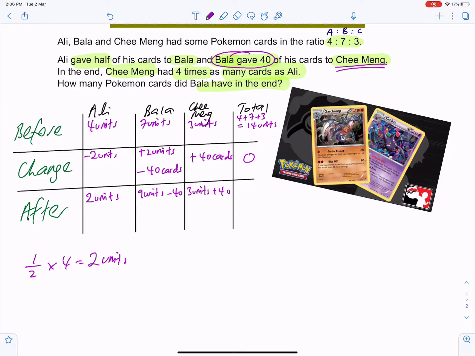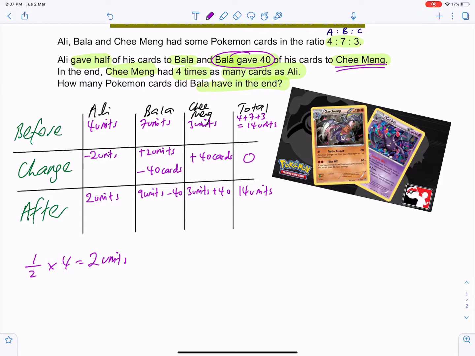So at least fill up this BCA table first, and ensure that you understand all of these parts, including the total that should be 14 units. Before and after, the total must remain the same.